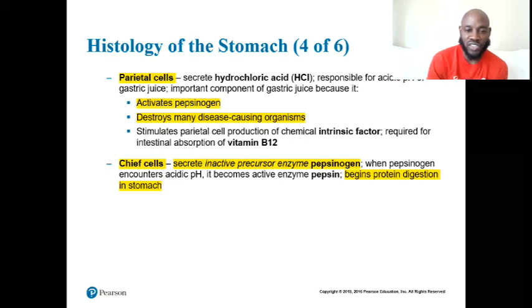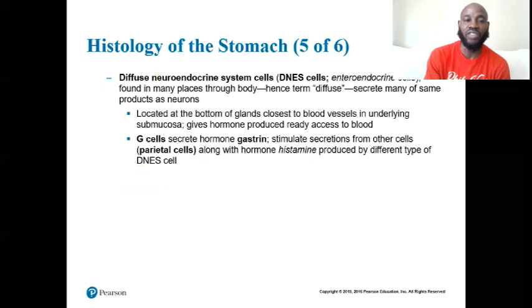We also have chief cells, another type of cell at work here. They secrete an inactive precursor enzyme, pepsinogen. When this pepsinogen encounters acidic pH, it becomes the active version, pepsin, which can then begin protein digestion. So it works together with the parietal cells.